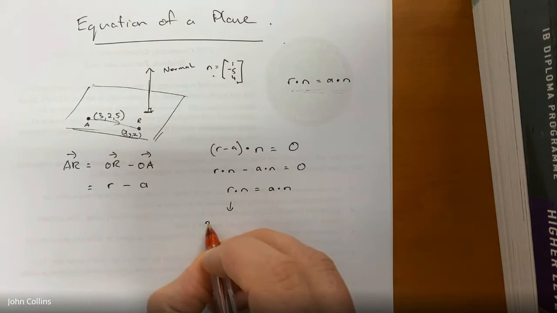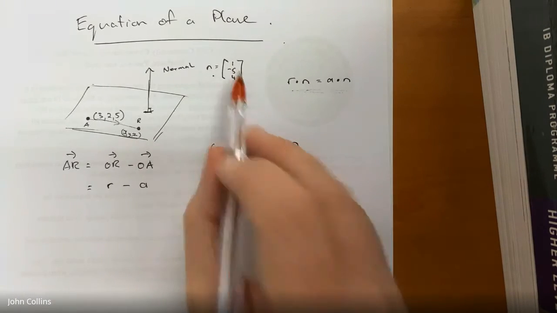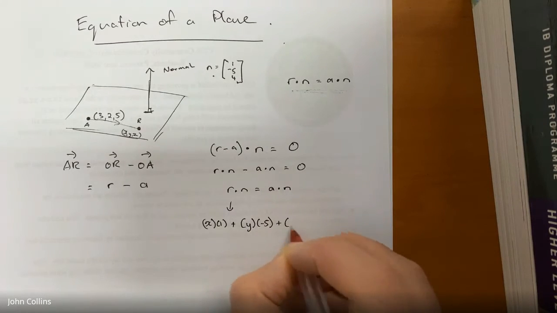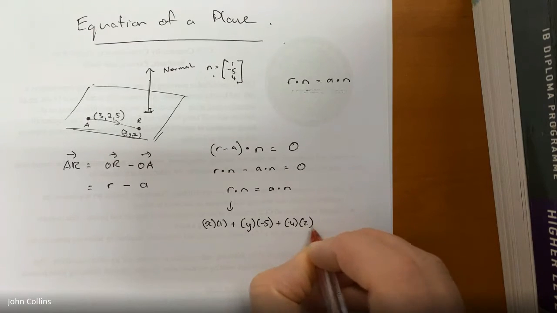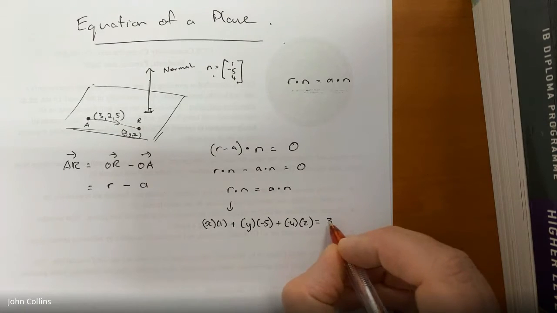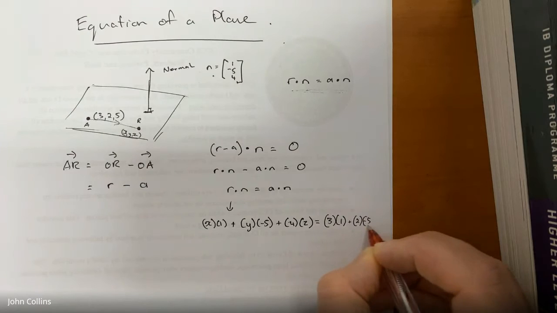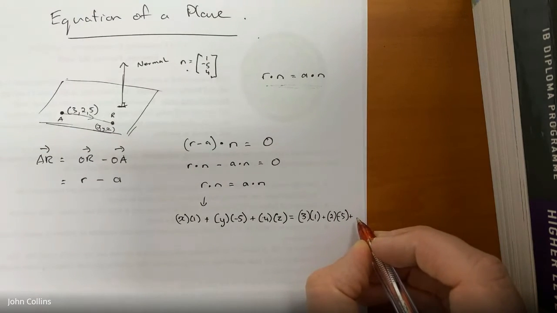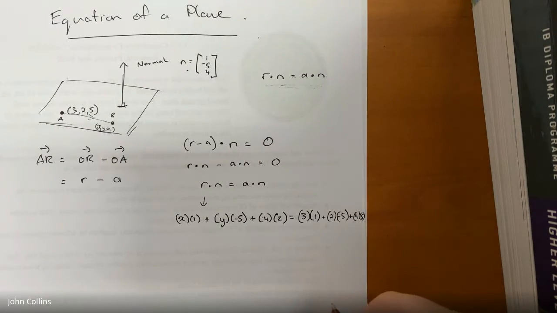So that's x times 1, y times -5, and z times 4, or 4 times z is the same. And then we know a, so we do 3 times 1, 2 times -5, and plus 4 times 5.